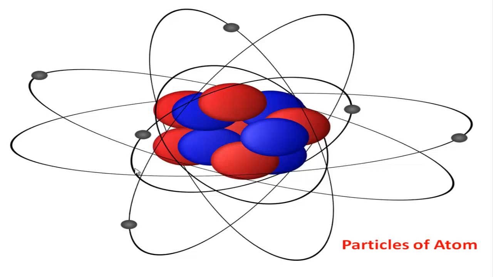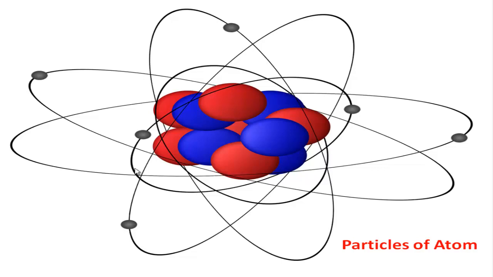And also from previous classes we have learned that atoms are indivisible, especially according to Dalton's theory. We know that an atom is indivisible, that means an atom cannot be broken further. But today we will learn that an atom is not indivisible, an atom is divisible.